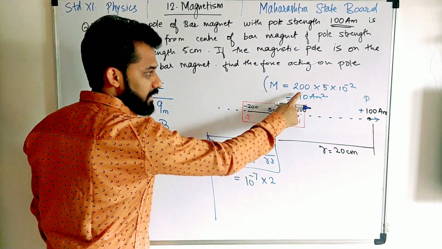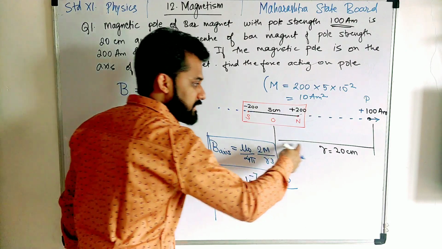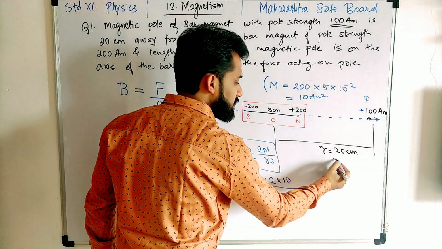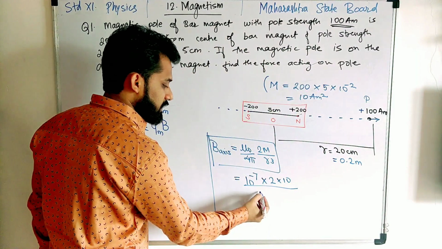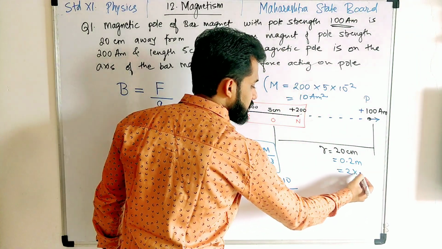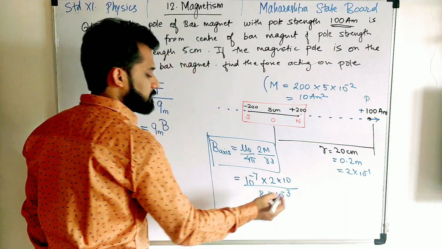So the value of m we have calculated is 10, divided by r cubed, where r, the distance, is 20 centimeters, which is 0.2 meter. Its cube will be, this is 2 into 10 raised to minus 1, so its cube will be 8 times 10 to the power minus 3.